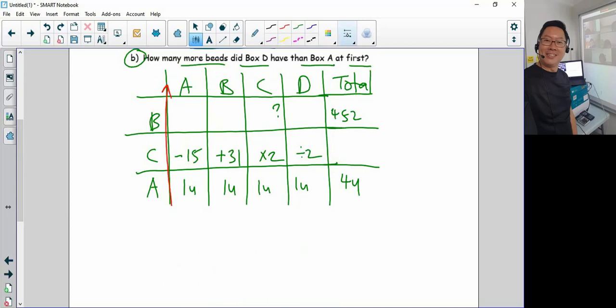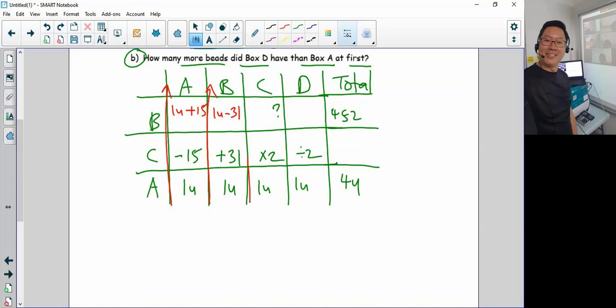So you work backwards, minus become plus. So 1 unit, plus 15. Working backwards. So box A has 1 unit and 15 at first. Box B, flow again, flow backwards. So 1 unit minus 31 because you work backwards.